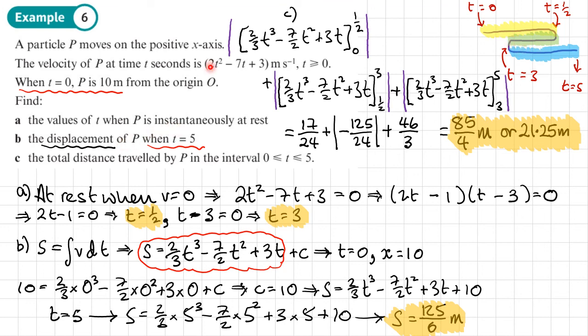Often the clue is when the velocity is like a quadratic or a cubic or a quartic, something where we're going to have roots to it, and those roots are going to be the points at which it's possibly changing direction. In this case, yes, it is changing direction. We could probably sketch that velocity graph out, and that would tell us that.